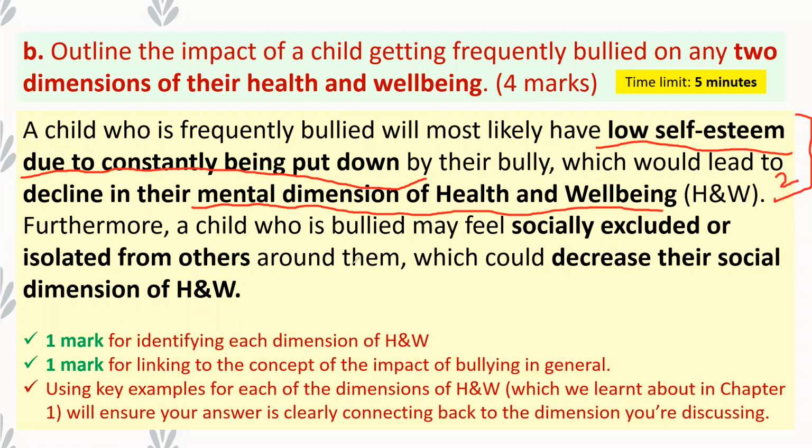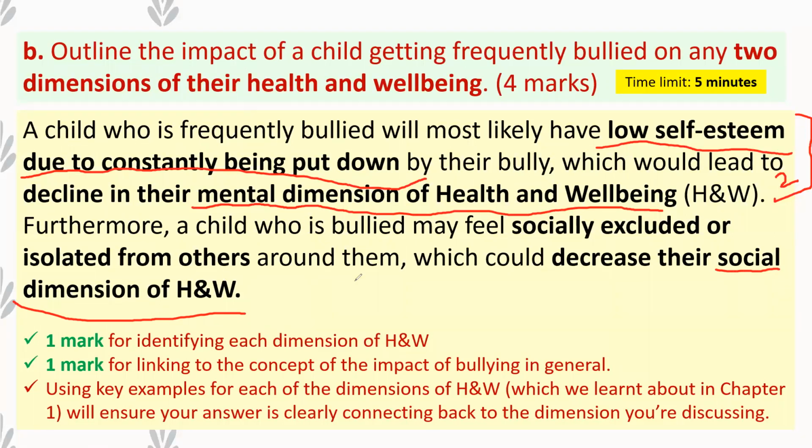The other 2 marks of the question come from you, again, doing the same thing for another dimension of health and well-being. So furthermore, a child who's bullied may feel socially excluded or isolated from others, which could decrease their social dimension of health and well-being. And you see that I've just used the abbreviation here. And this is something that you can do in your answers as well.